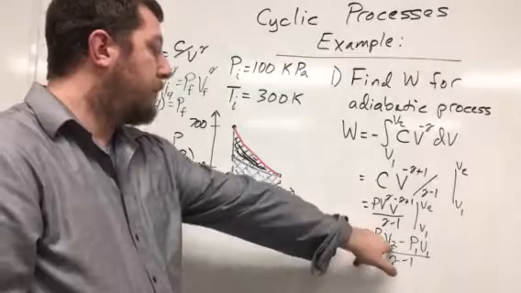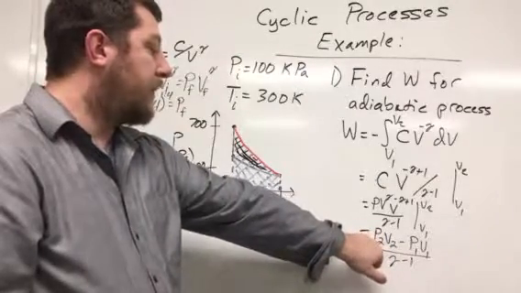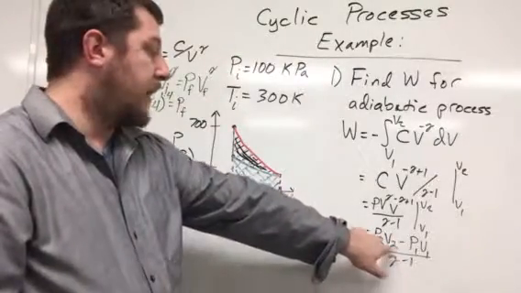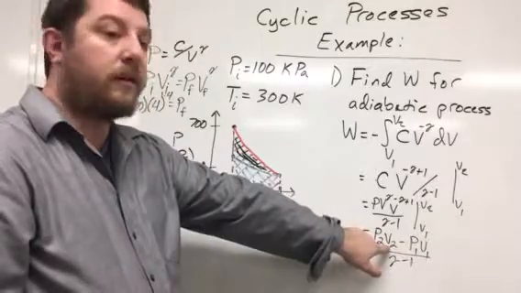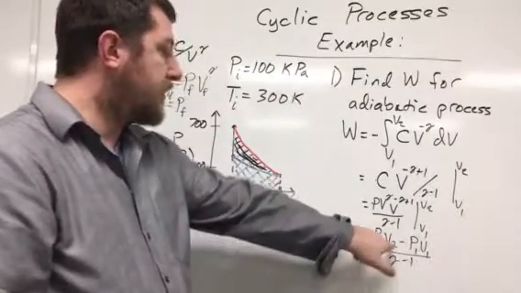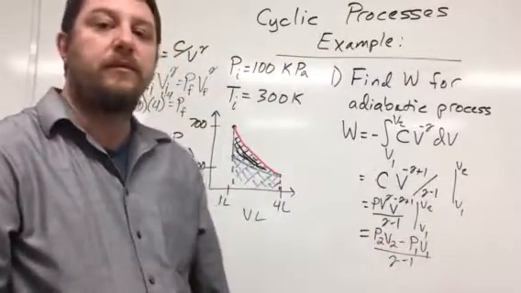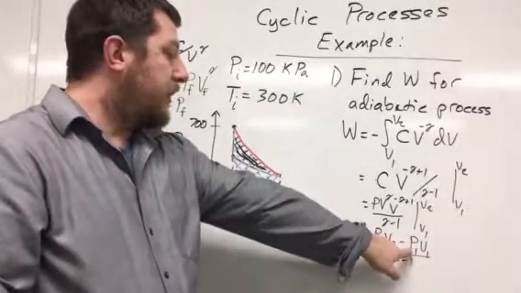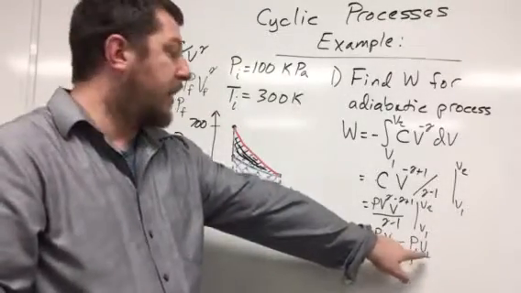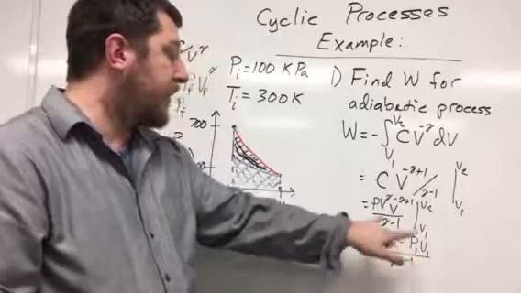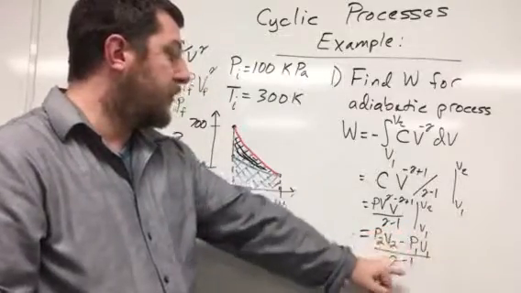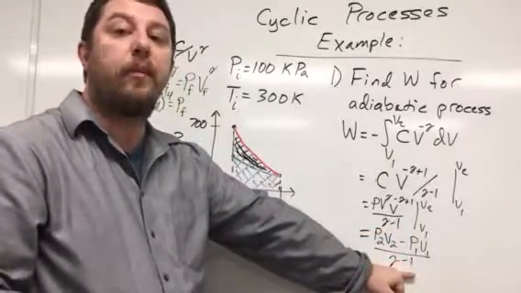And so P2 we said is 700 times 1 liter. So this is 700. And here we have 100 times 4, so my net is 300 on the numerator, divided by 0.4.